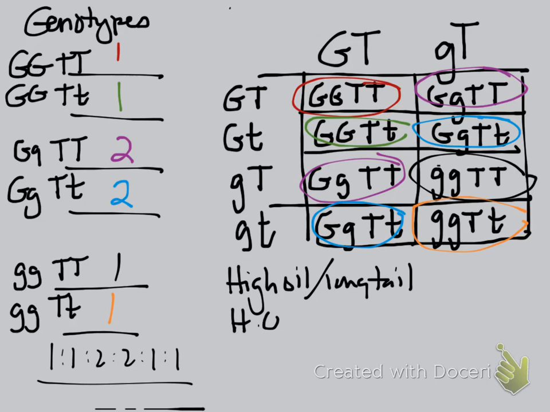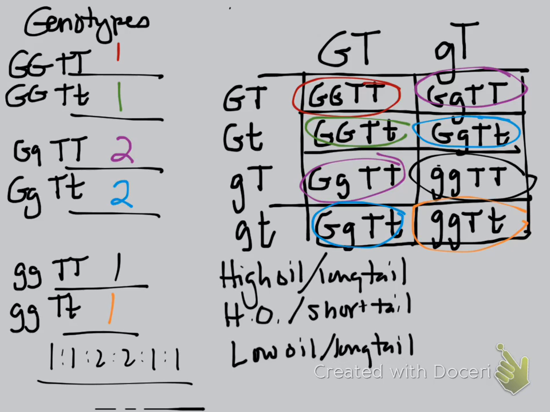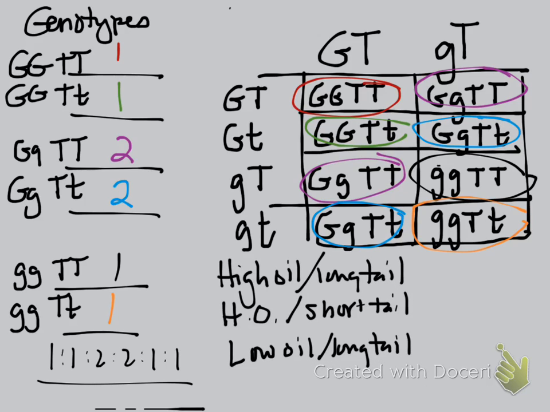We'll put just HO, high oil with a short tail, low oil with a long tail, and we have, of course, low oil with a short tail.